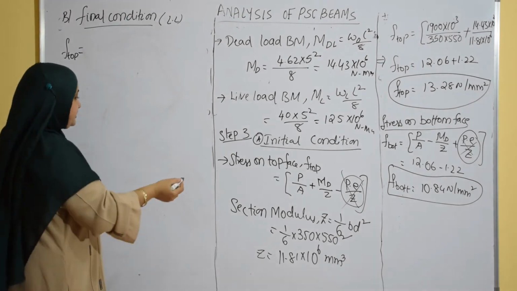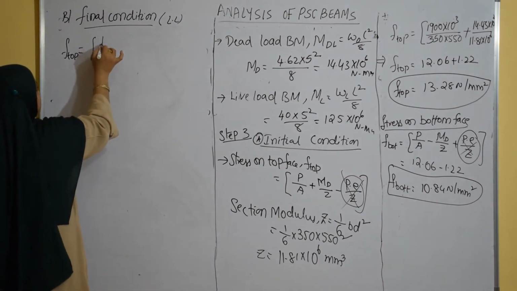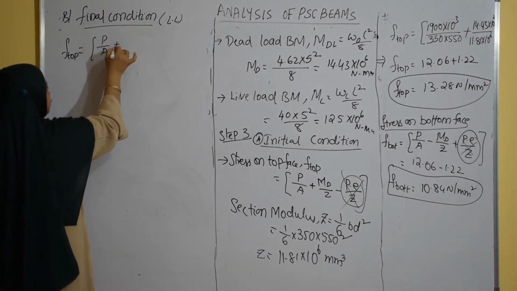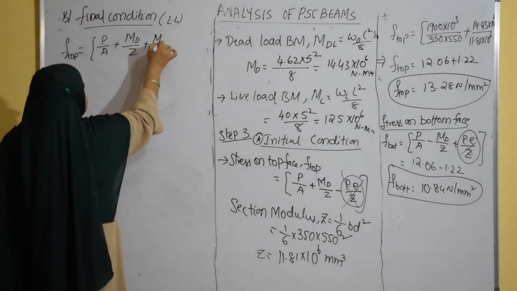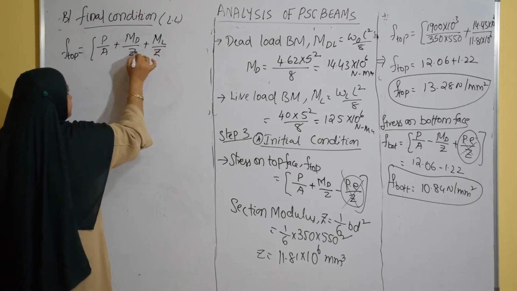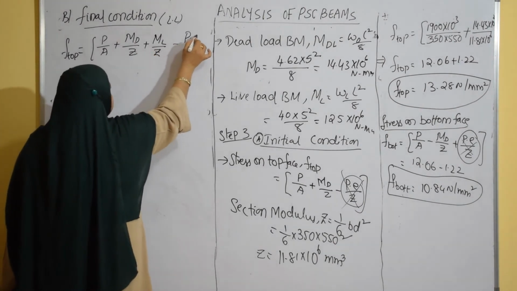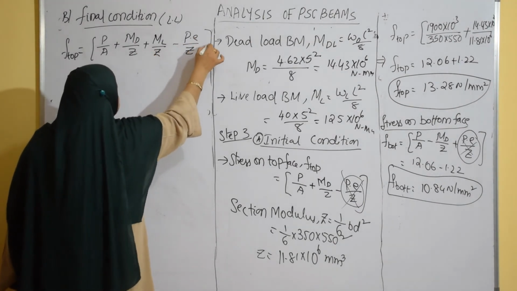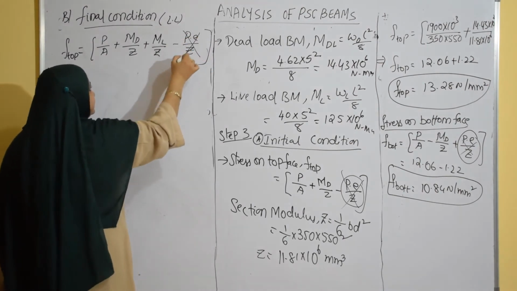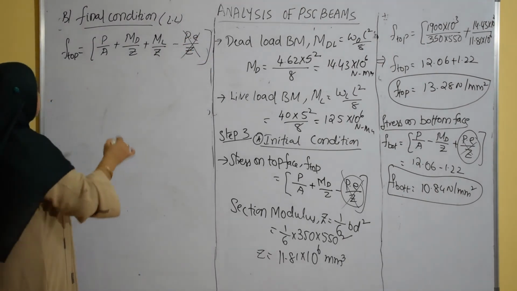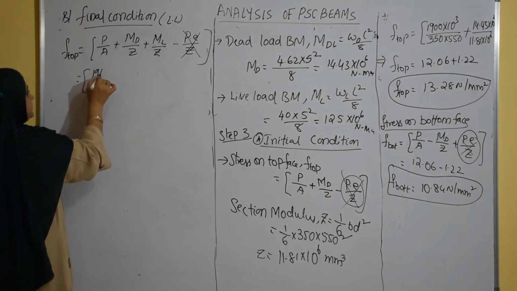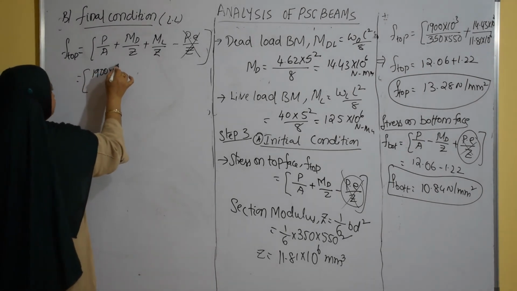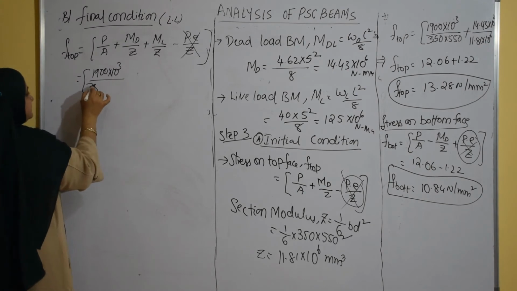Fine. So here it is, if you remember, it's P by A plus MD by Z plus ML by Z minus P by Z. So once again I repeat, there is no eccentricity, so this goes off, right? So P by A, P is 1900 kilonewton, the cross section.